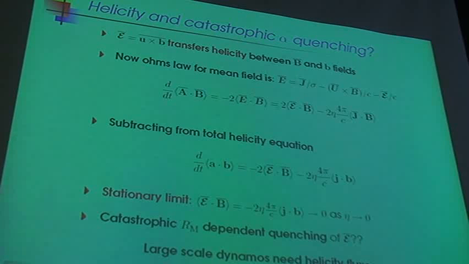From B phi, the toroidal field, it produces poloidal field, and in alpha squared dynamos, from the poloidal fields it will also produce the toroidal field. And that is the thing which is being suppressed for very small eta. Small eta is typically associated with large magnetic Reynolds number. And that's why I have said here it is a catastrophic Rm dependent quenching of this turbulent electromotive force.